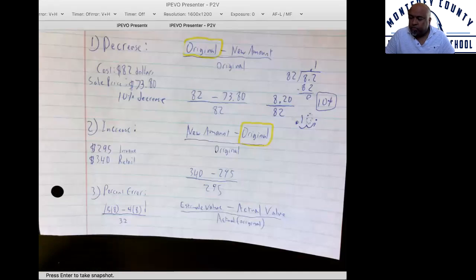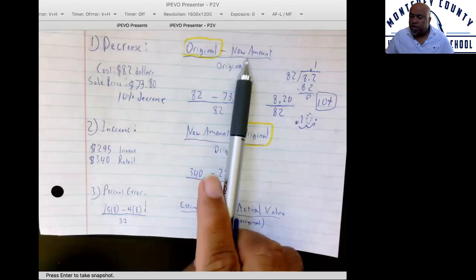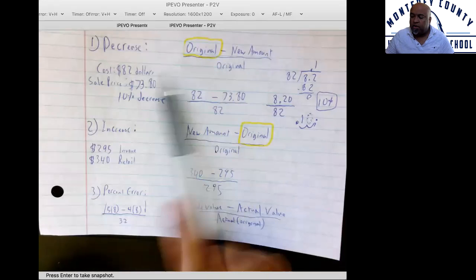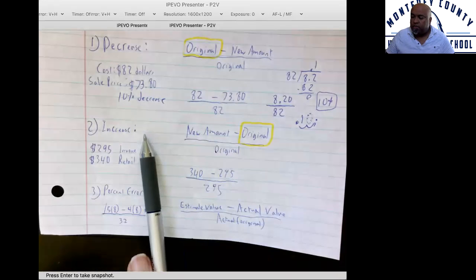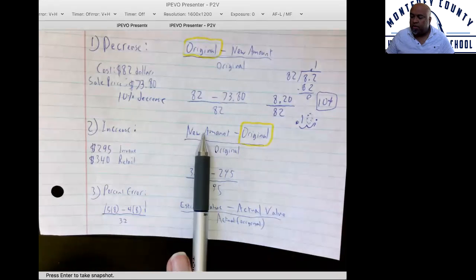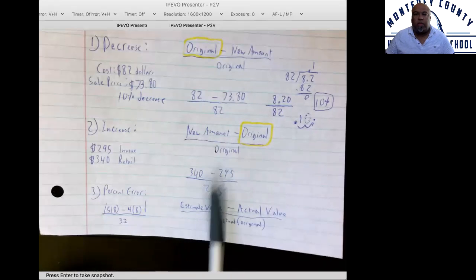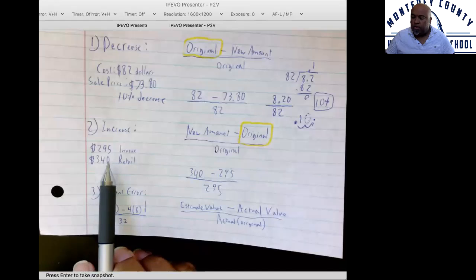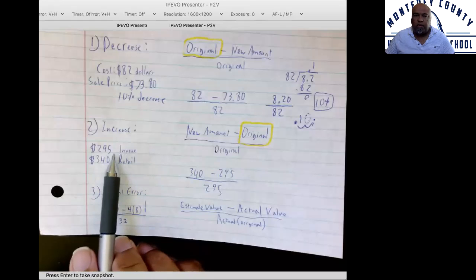Okay, so again, the formula is original amount minus new amount divided by original amount when you are decreasing a number. When you're increasing a number, it's the opposite. New amount minus the original divided by the original. Okay, so in this case, let's just say you go to a guitar store and the invoice, or what it costs the store to buy a guitar, is $295.